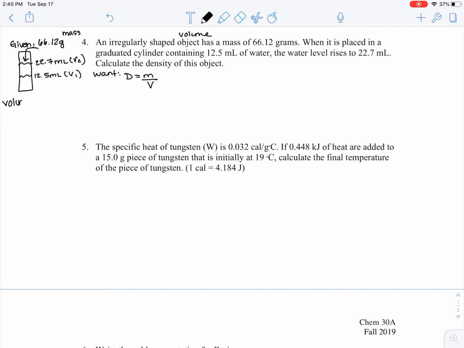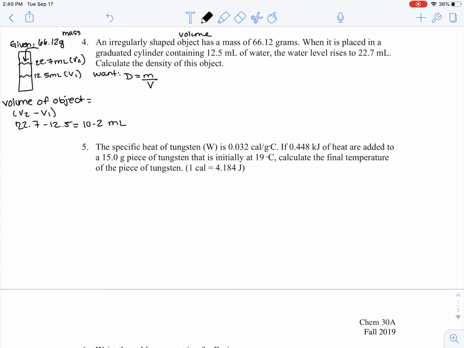So volume of object is equal to the final volume minus the first volume. So you would take your 22.7 minus your 12.5, and you will get 10.2 milliliters.